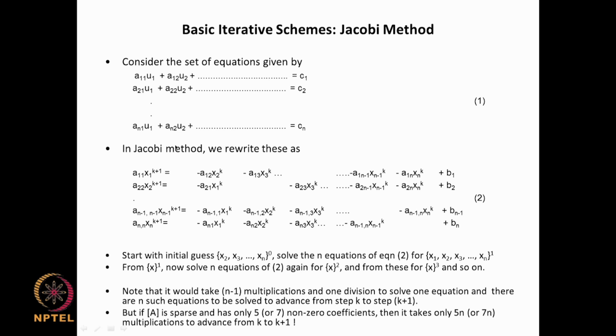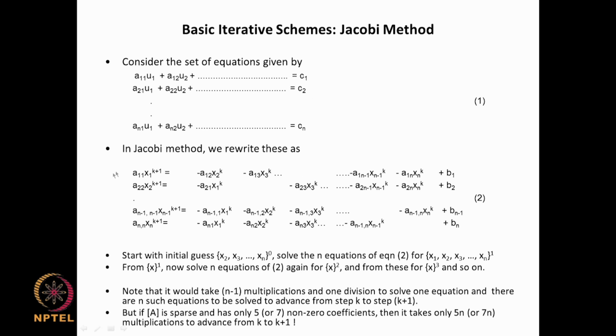In the Jacobi method, we make use of the first equation and put all these other elements to the right hand side, and so we can put this as a11 x1^(k+1) equal to minus a12 x2^(k) minus a13 x3^(k) and so on plus b1. So essentially this b is the same as the c here.